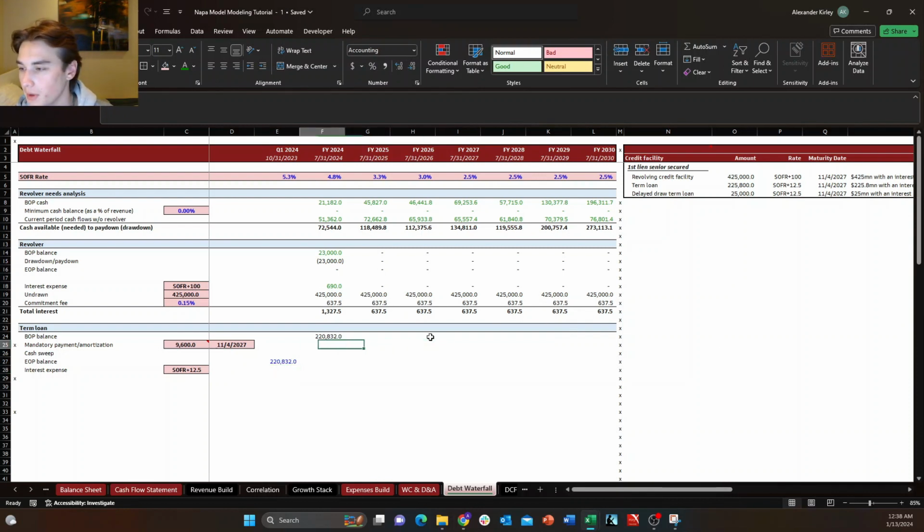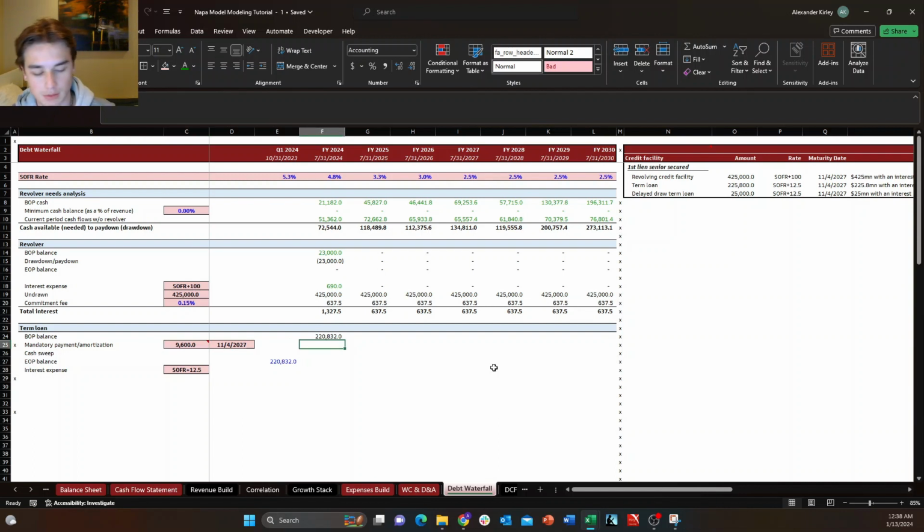Now let's get into our mandatory payment / amortization. We have to, again, create a formula, and the whole idea is: one, take into account the full due date at which I pay down my entire debt instrument, or two, take into account my mandatory payment that I have to pay off.